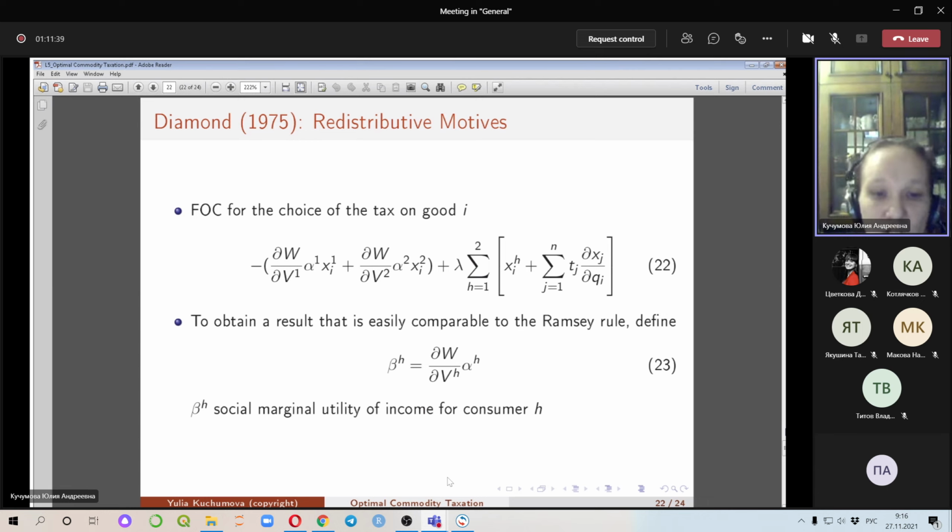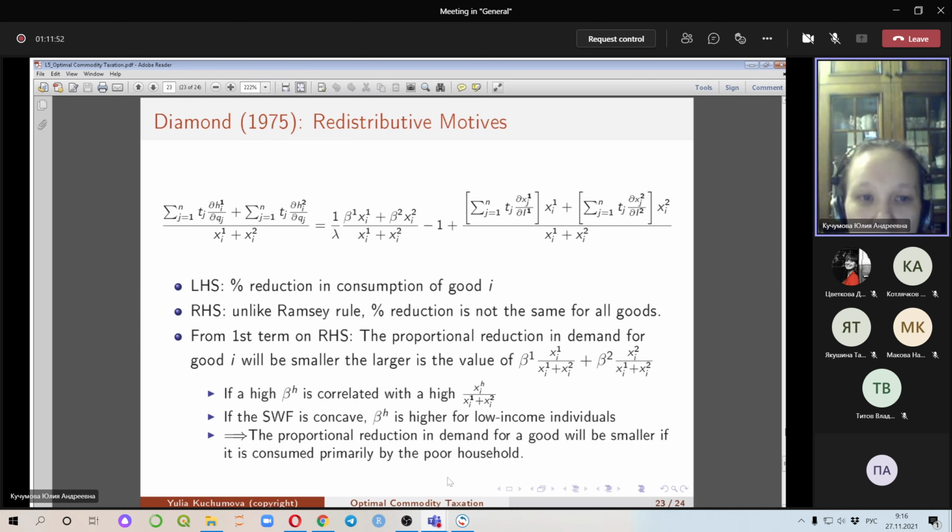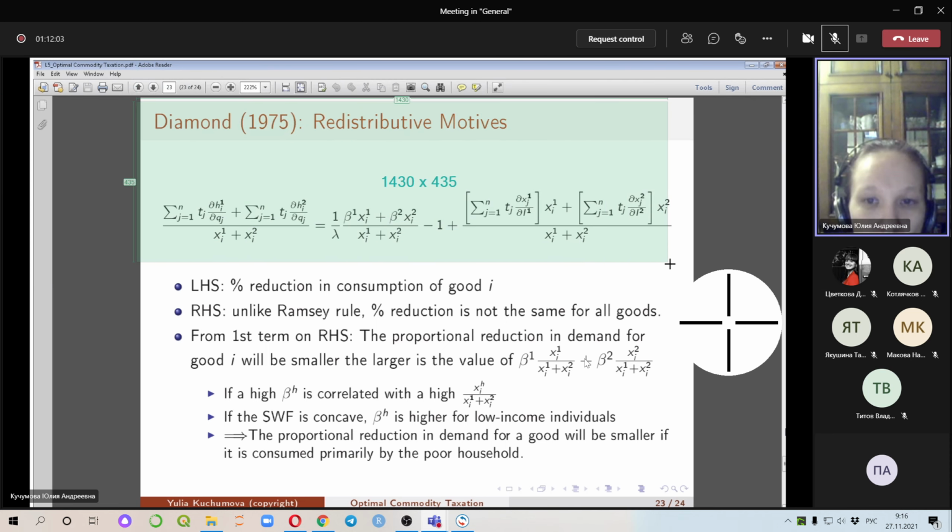And beta H is just the social marginal utility of income for consumer H. Okay, and skipping some steps, we can obtain the formula for the optimal tax rate, which would be analogous to the Ramsey formula in these settings.